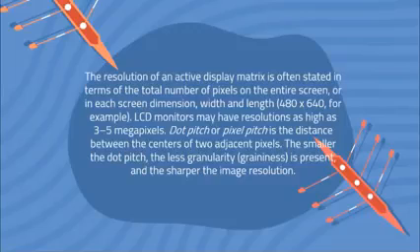So that means there are 3 million pixels to 5 million pixels in LCD monitors. Dot pitch or pixel pitch is the distance between the centers of two adjacent pixels, and the smaller the dot pitch, the smaller the distance between two pixels, the less graininess is present, and the sharper the image resolution.